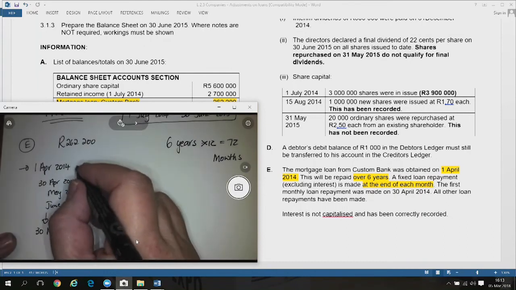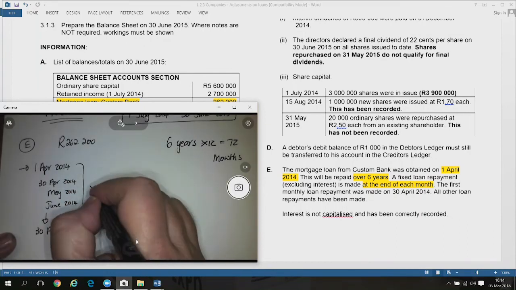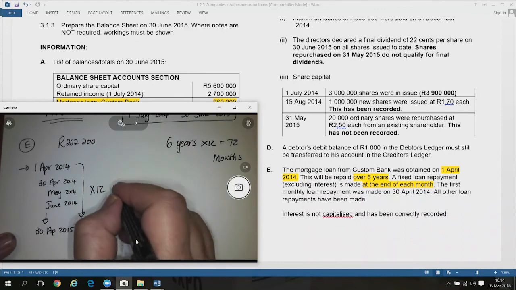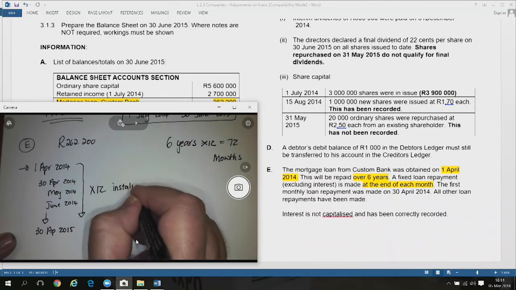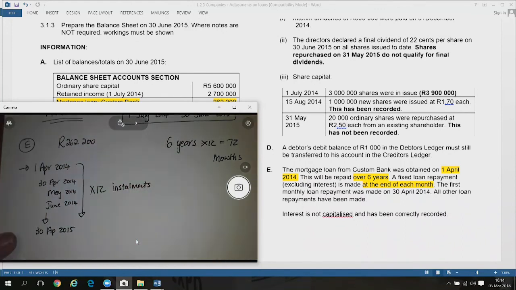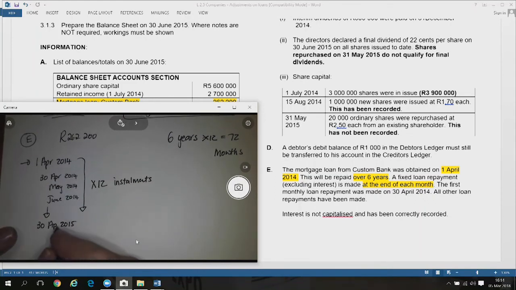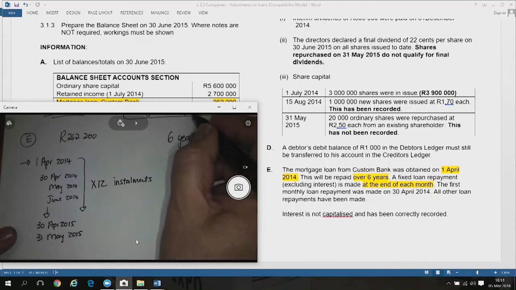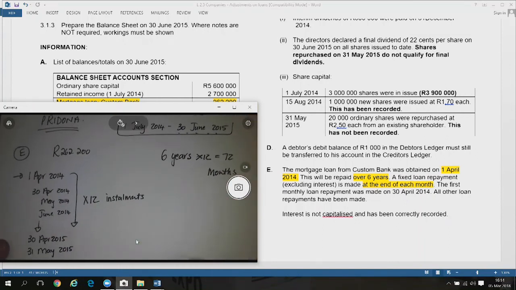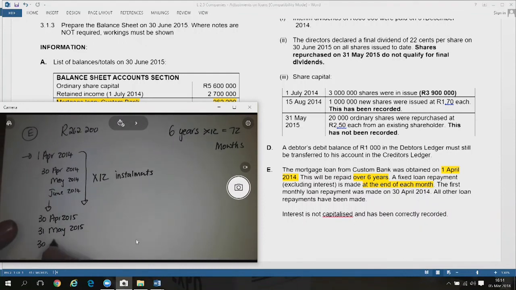So from there to there, we paid 12 months, 12 installments. Then the 31st of May 2015, and on that day, can you see the end of our accounting period? The 30th of June 2015.